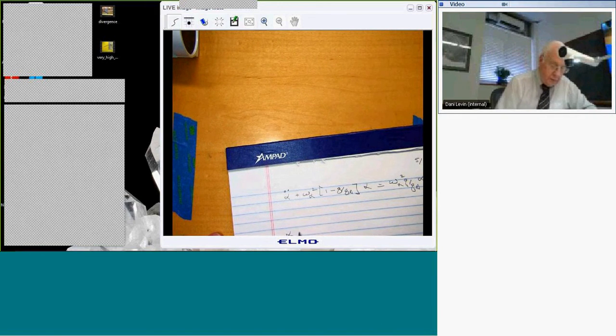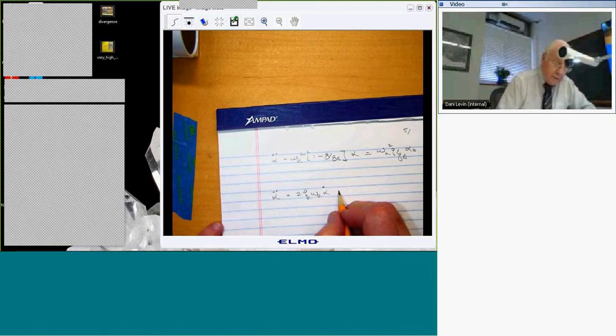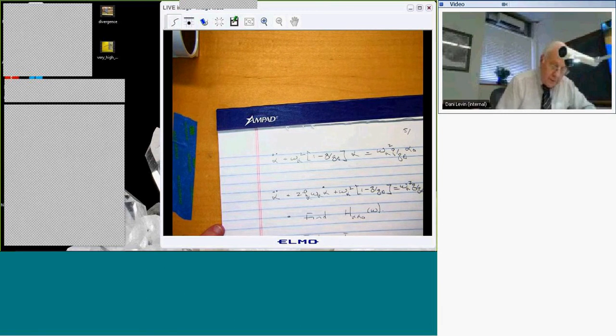Let's put in some damping. Okay, so find h sub alpha naught of omega. Find I alpha naught of t, or t minus tau.